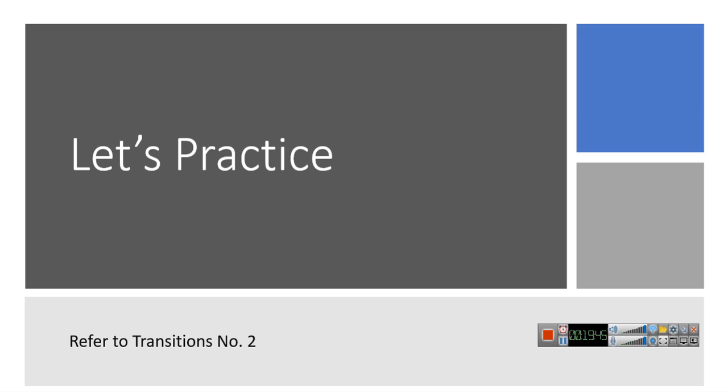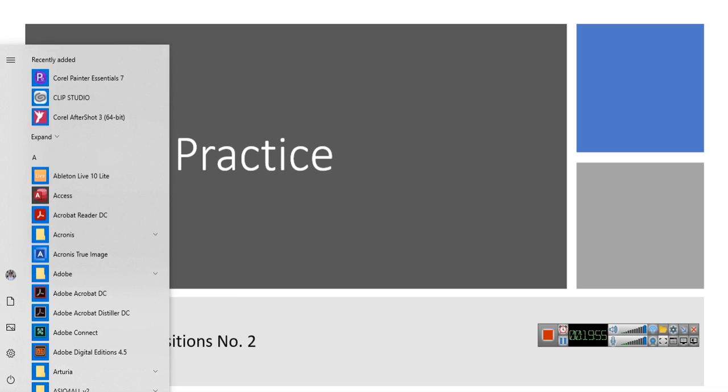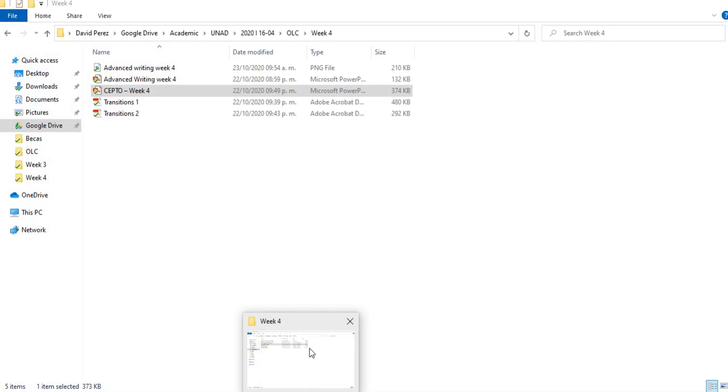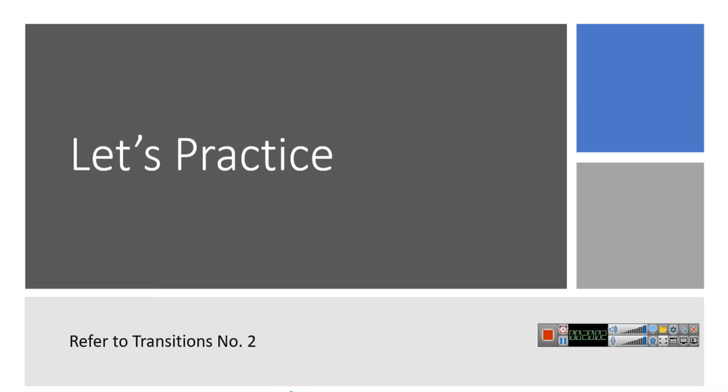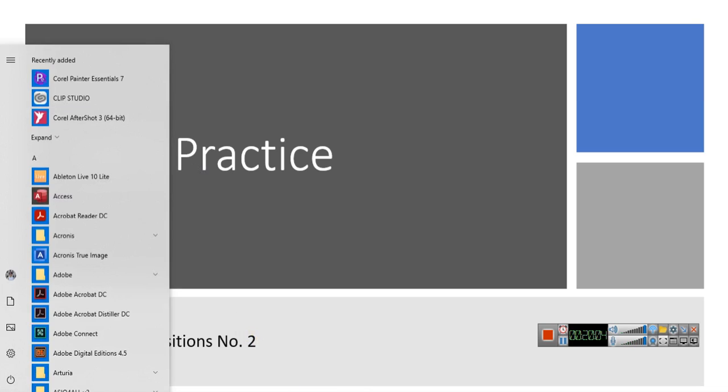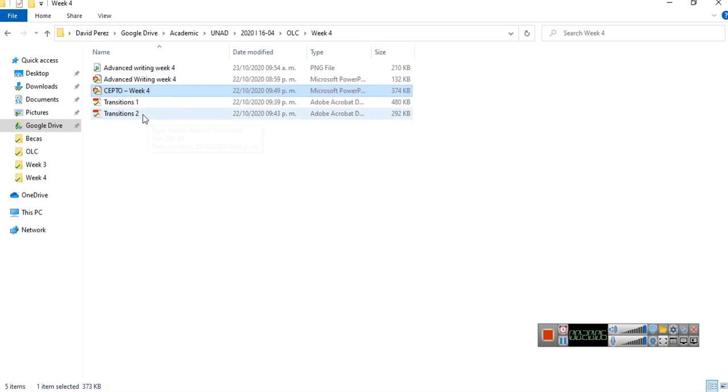Okay, give me 1 second. So let's practice. For this, I'm going to have a worksheet that I prepared for this encounter. And it's called Transitions number 2. No. I want to open PDF.